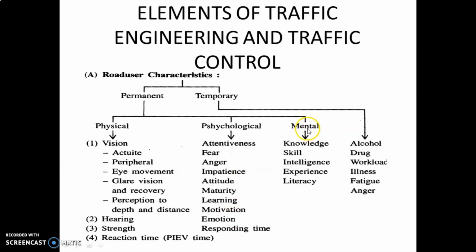And in mental, knowledge, skill, intelligence, experience and literacy come into the picture. Okay, so we have seen how road user characteristics are classified into various categories.